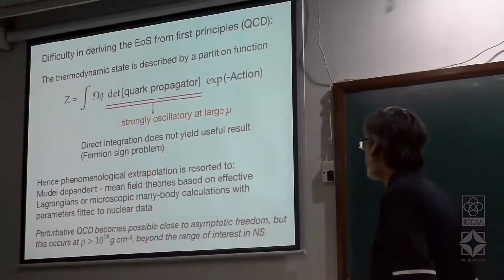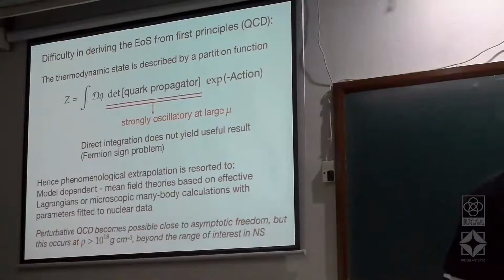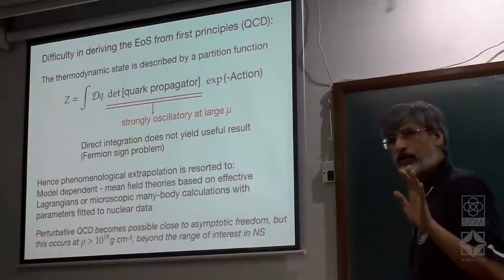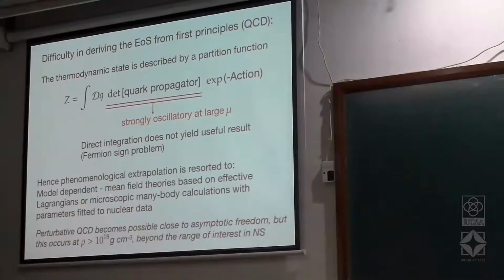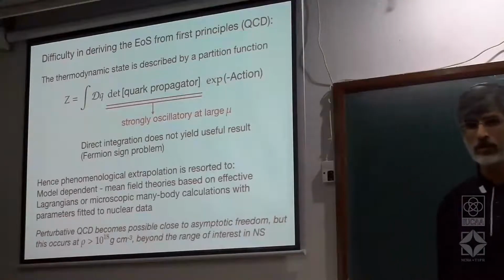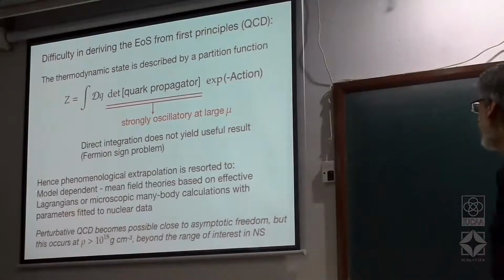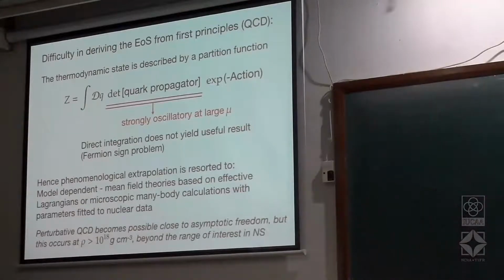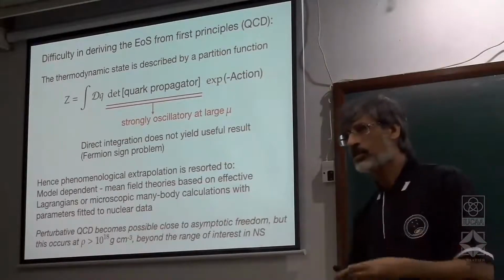So because of this Fermion sign problem, the route that people follow to find this EB as a function of n is one of two routes. You do what is called a phenomenological extrapolation, which is model dependent. Either you do something like a mean field theory. You say, okay, I'm going to ignore all this exact calculation.